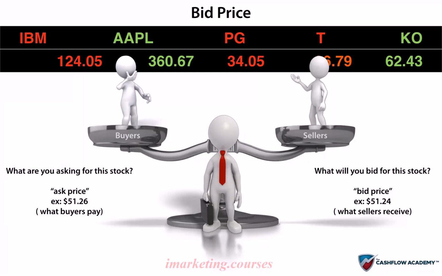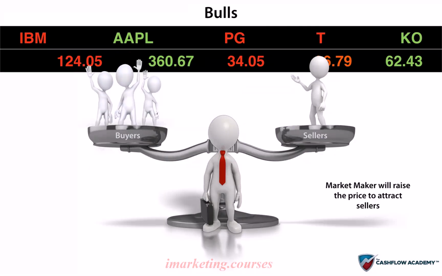So if there are no sellers, what would happen? If there's all these buyers and there's no sellers, well, how would you bring sellers to market and make a market for sellers? If there were all these people wanting to buy the stock, and there weren't enough people to sell it, well, you got a problem. Here you got all these people wanting to buy a stock going crazy, but there's no market for it.